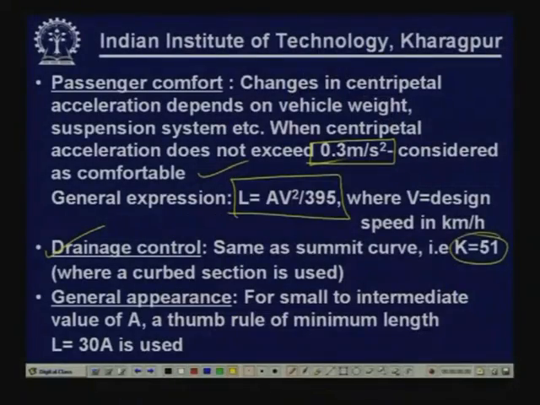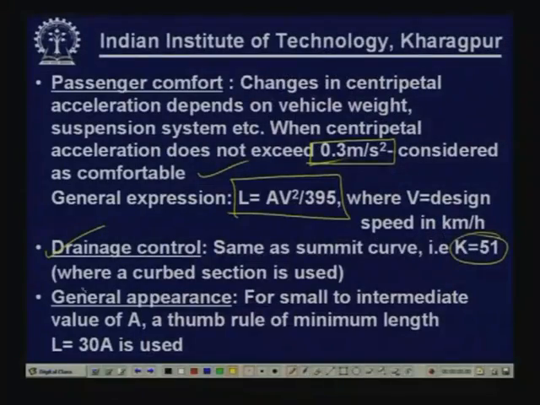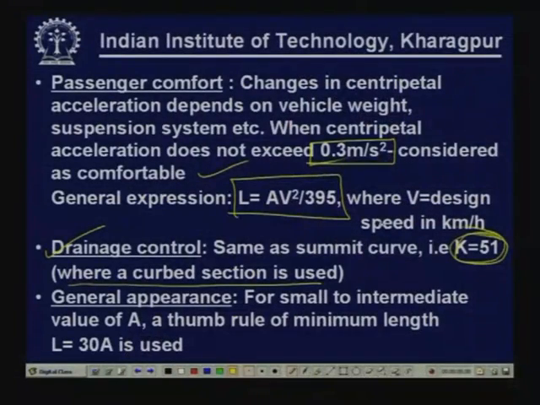For sag curve also, k equal to 51 presents a kind of limit, although we can go beyond that. This is particularly for curved sections, because in a curved section the water cannot go directly onto the shoulders. So, especially for curved sections this is important, and here also k equal to 51 is used as a limit.